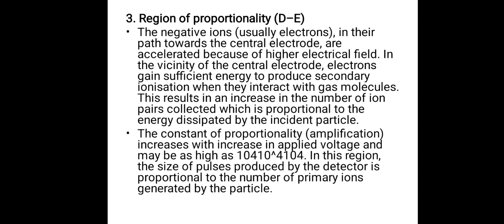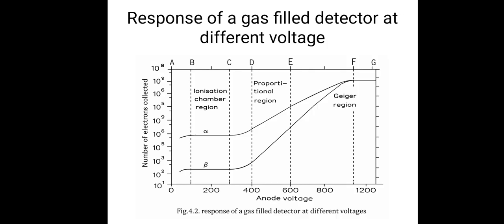The constant of proportionality, the amplification, increases with increase in the applied voltage and may be as high as 10^4. In this region, the size of the pulse produced by the detector is proportional to the number of primary ions generated by particles. This is the proportional region, D to E.